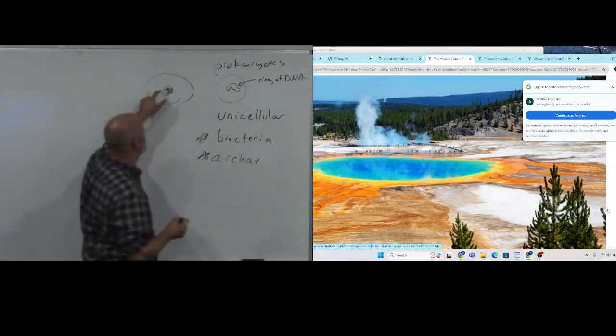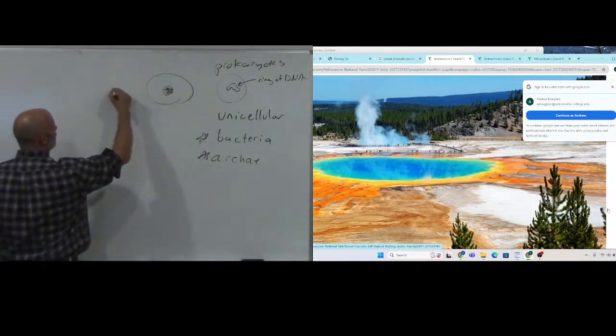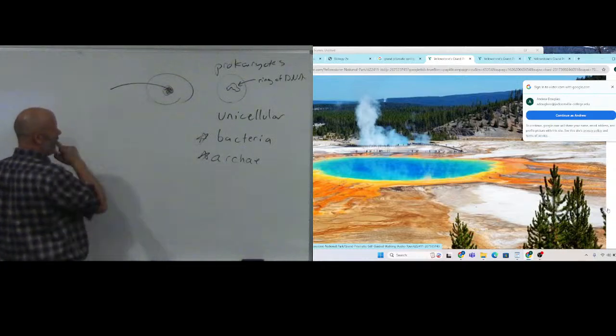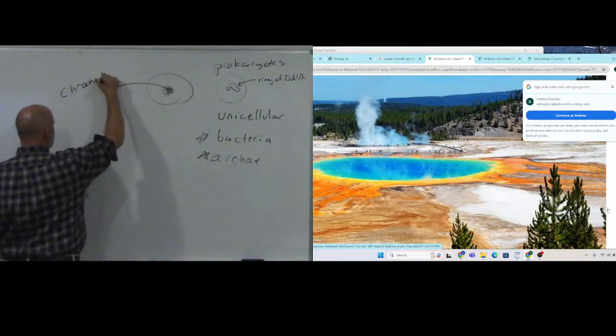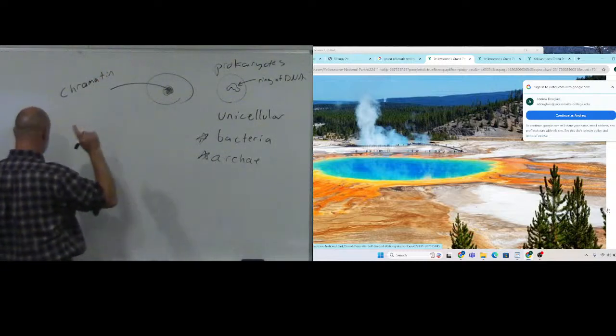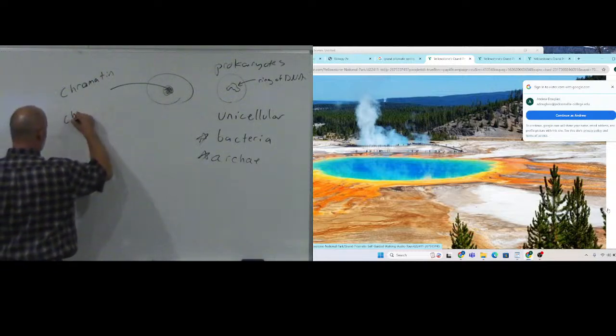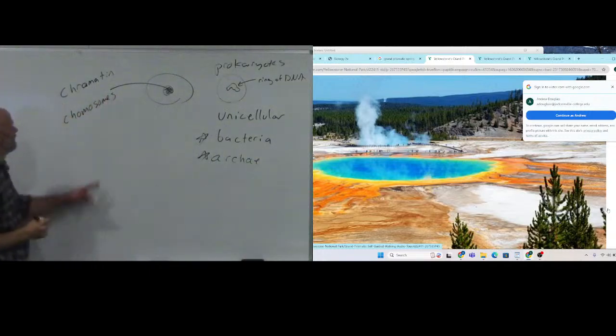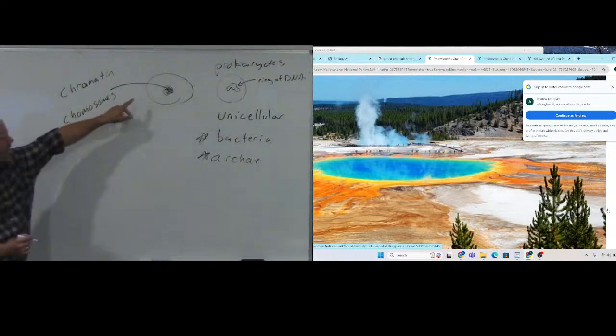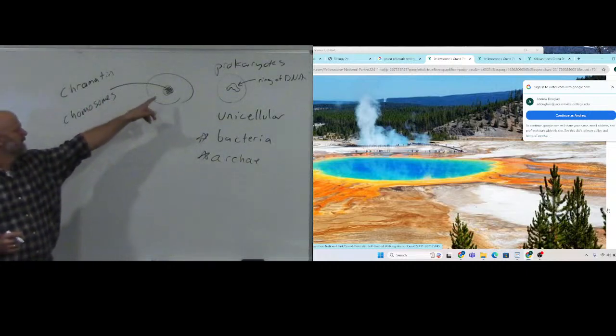Whereas over here, my DNA exists inside of my nucleus, and it can exist either as chromatin or as chromosomes. I don't expect you to know this yet, but you're going to have to. Chrome means colored, because we can stain the cell and see the DNA.